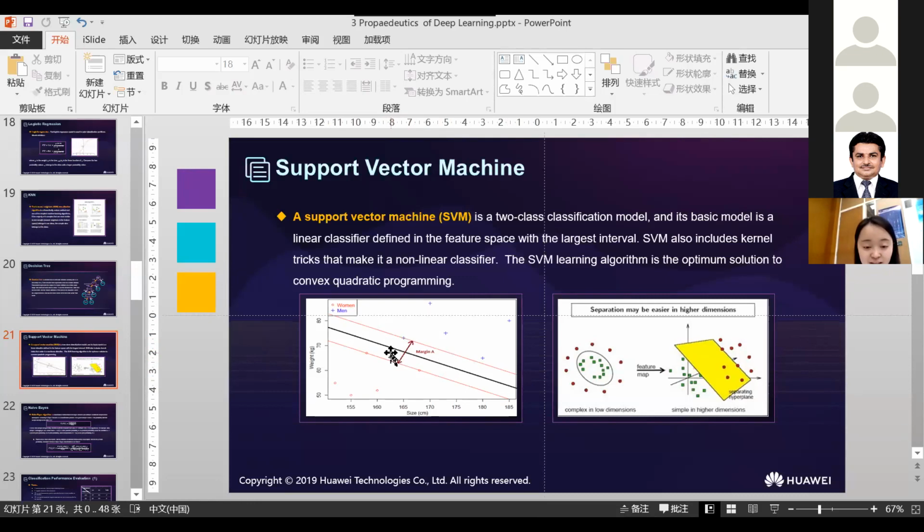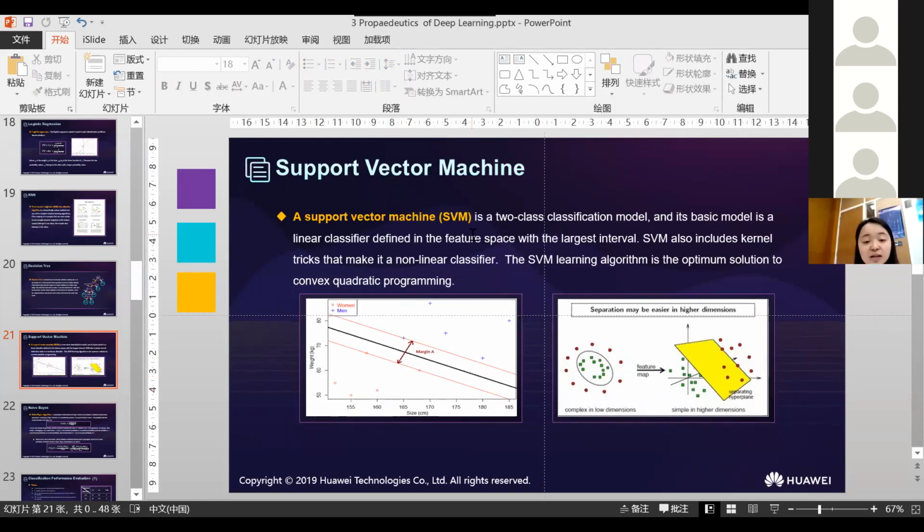The red lines are the boundary of the road, and this straight line lies in the middle of the road. So we want to find the widest road. That is how support vector machine makes the margin as large as possible between two classes.